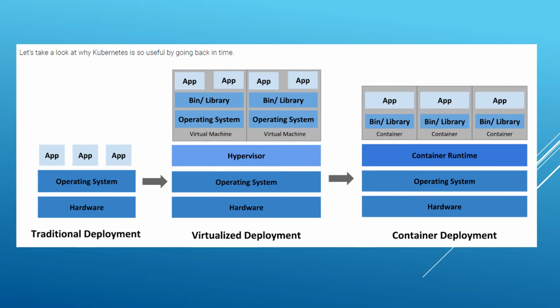So we are now moving to the container deployment. What is the change in the container deployments? This is pretty much the same as a virtualized deployment, but the change is that rather than installing a hypervisor, we are installing software called a container runtime. The container runtime has the daemon. It might be Docker or it might be containerd.